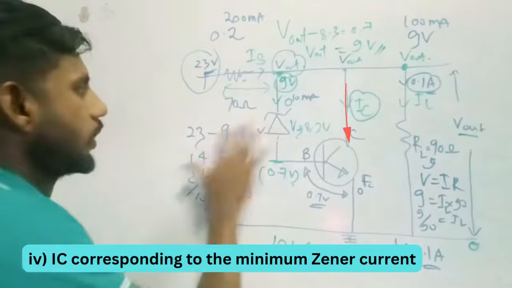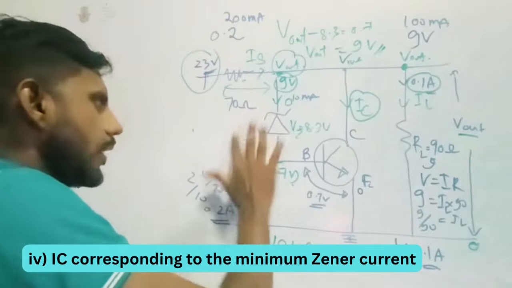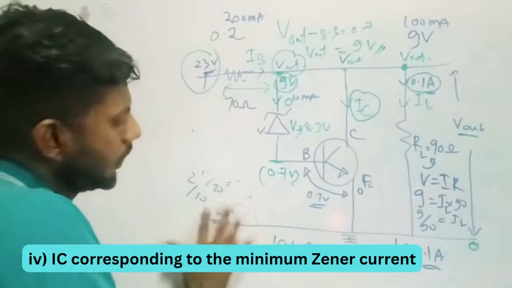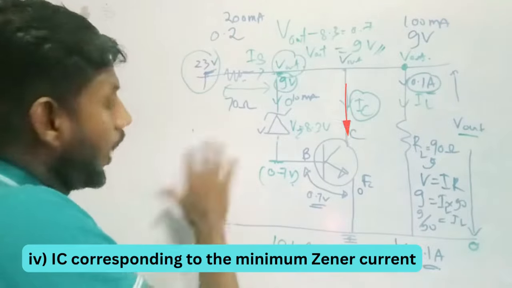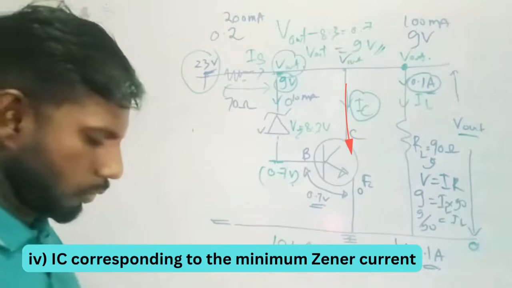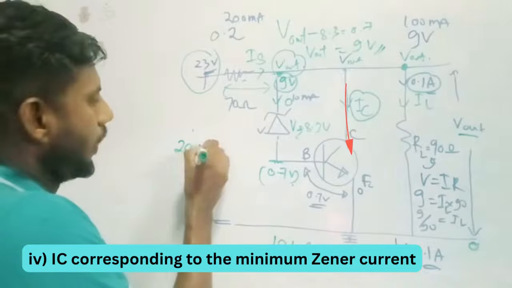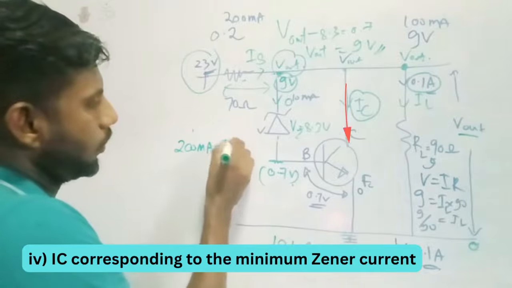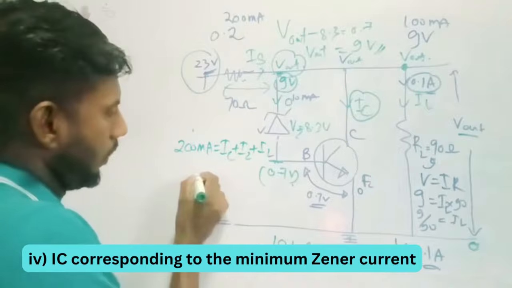So let's write the equation here again. Students, remember that current electricity theories and electronics theories go hand in hand, so you should know these for better understanding. 200 milliamperes should be equal to IC plus IZ plus IL.